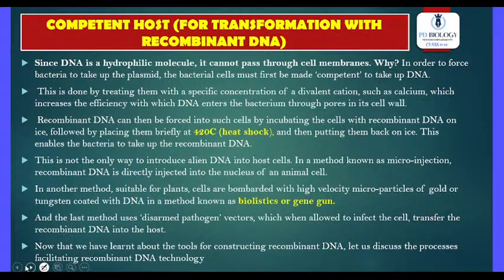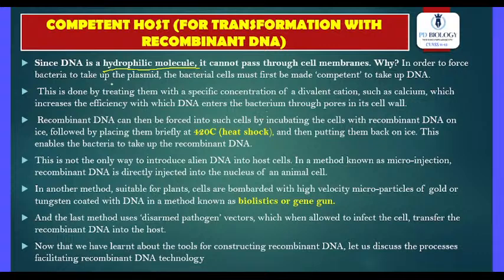So, the competent host for transformation with recombinant DNA. Since DNA is a hydrophilic molecule, remember this one, it cannot pass through the cell membrane. Why?